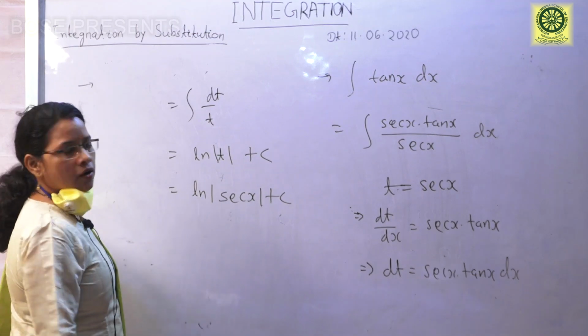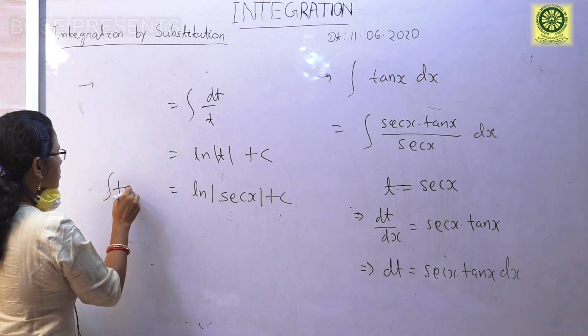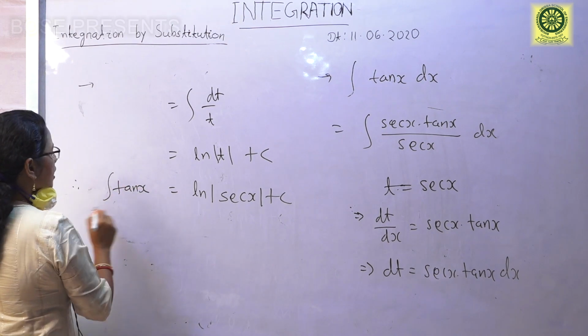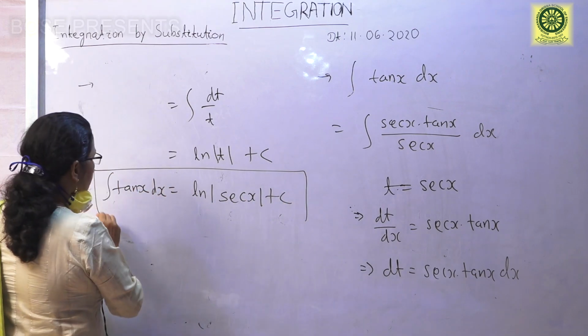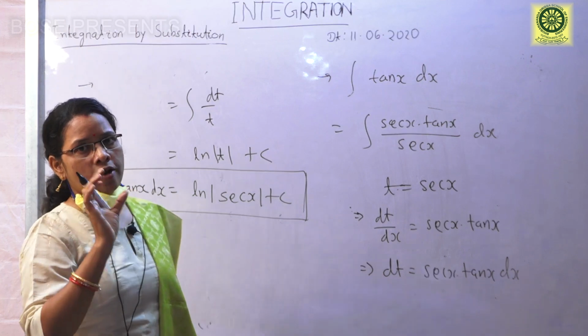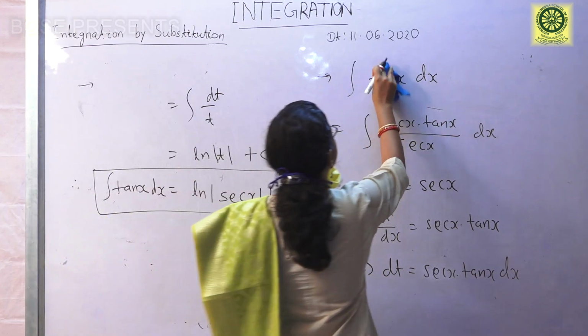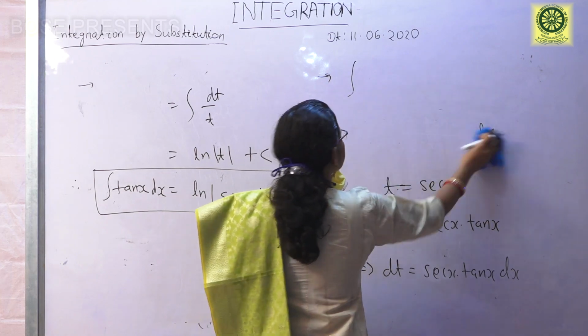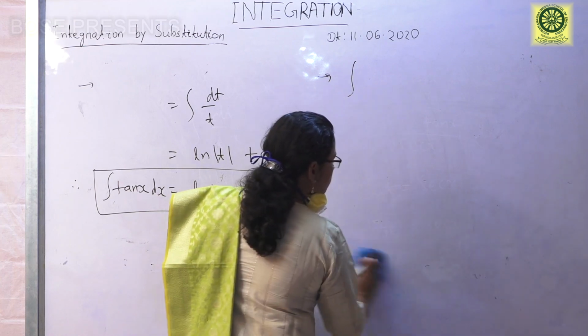So here we have found that the integral of tan x with respect to x is ln mod of sec x plus c. These are also used as formulas to solve problems.